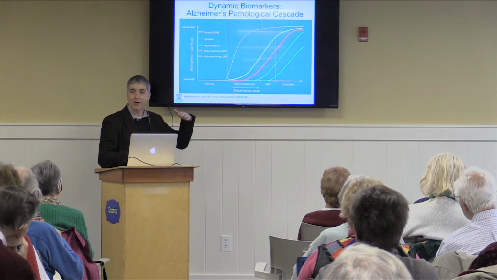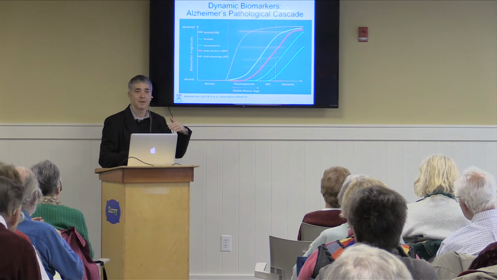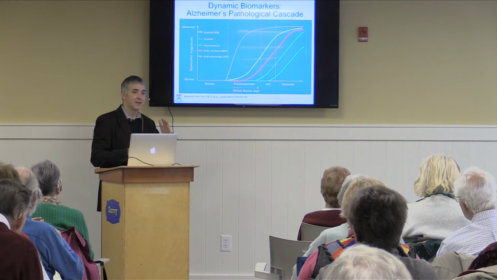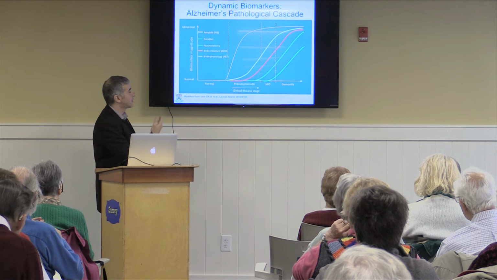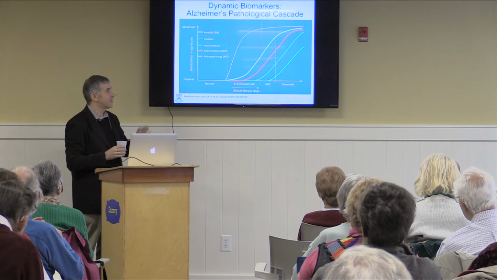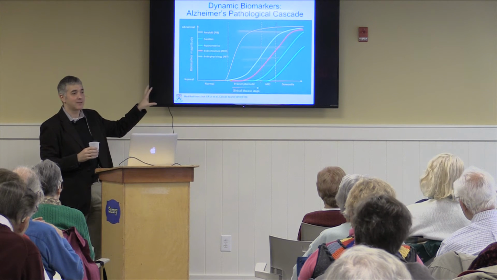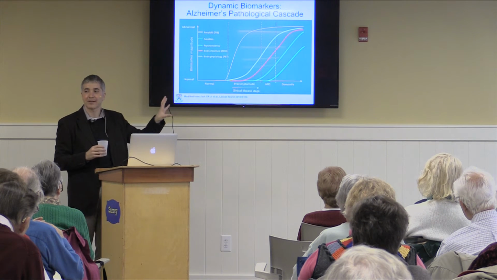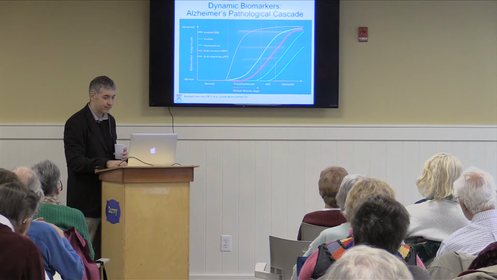These different biomarkers, these different tests, seem to become abnormal at different points in time, and they track the disease better or less well at different points in time. So one of the things we've been really trying to work on is to map this out, to figure out when we should be getting these different tests and how they can predict when people are going to have symptoms or what their symptoms should be.